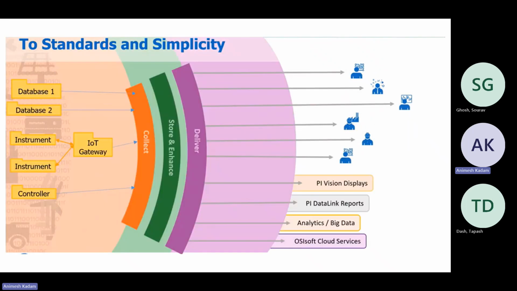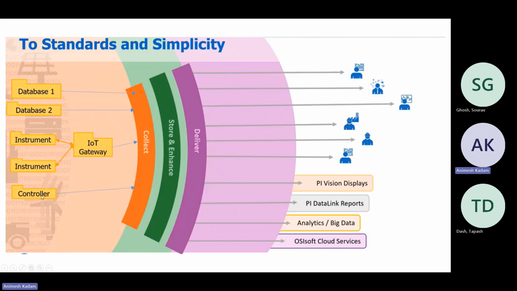So this is how the PI System works. It doesn't matter if it is a database, an instrument, a controller or any other data source. In this case, it is a file format, so data is available in CSV. Sometimes we also write a small code to collect data from lab equipment which only has a serial port available.